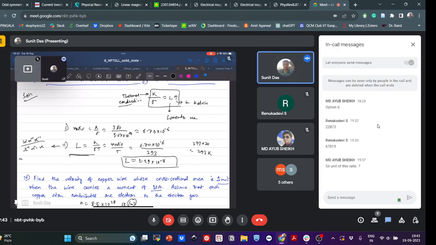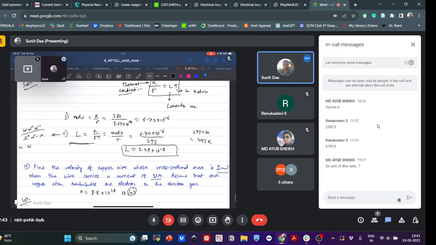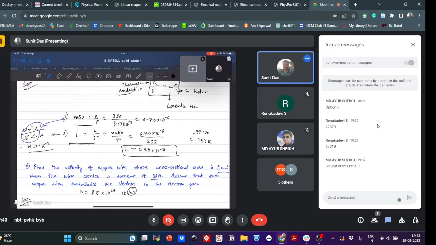So this will be watt ohm Kelvin power minus 2. So this will be the unit for L. Now for this ratio, just leave the K part. This will be the unit for kappa K by sigma.